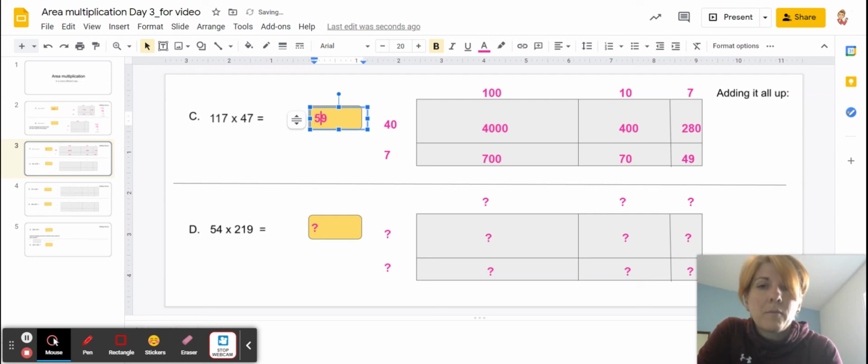So I'm going to put a 5 here, and then the 100 I'm going to have to add to the others. So 7, so I have to hold that 100 in my head if I'm doing this mental math. So I'm going to take that 100, I'm going to add it to the 700, so that's going to be 800 plus 400 is going to give me 1200.